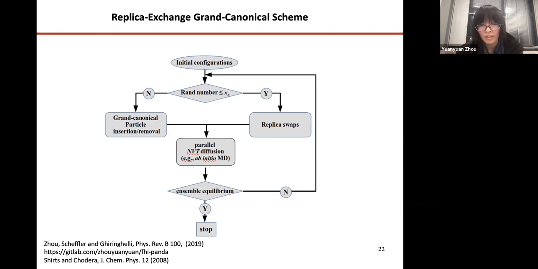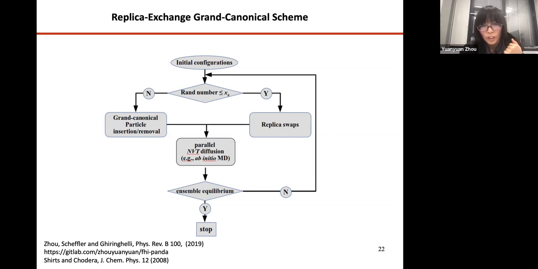After these input parameters are ready, the whole system has a probability of x0 to try to exchange the replica, or swap the thermodynamic state, with its neighbor, or a probability of 1 minus x0 to exchange a particle with its own reservoir.